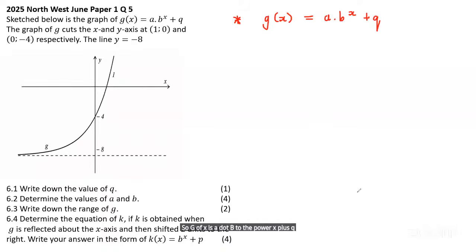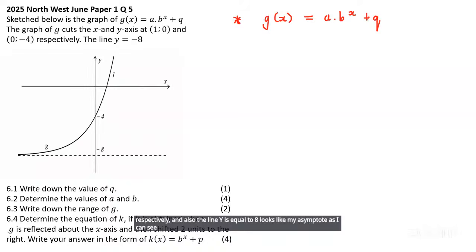This is an exponential function. The question says the graph of g cuts the x-axis and y-axis at (1; 0) and (0; -4) respectively. And also the line y is equal to -8 looks like my asymptote, as I can see.